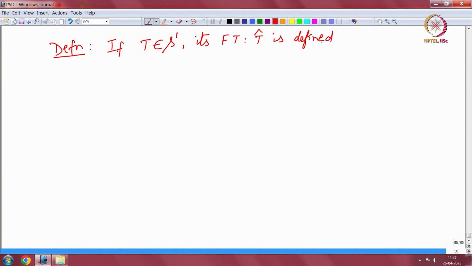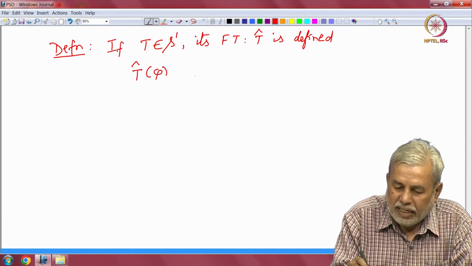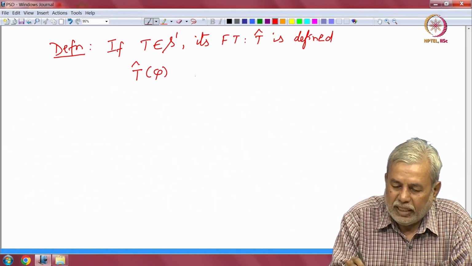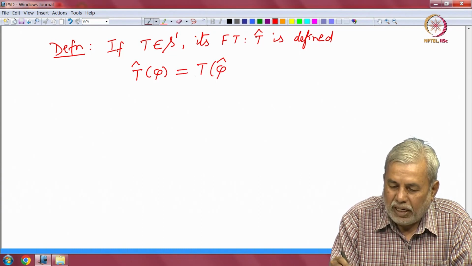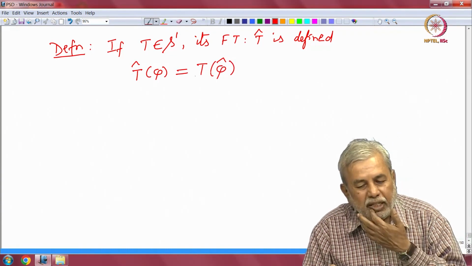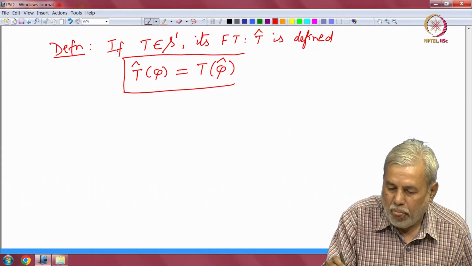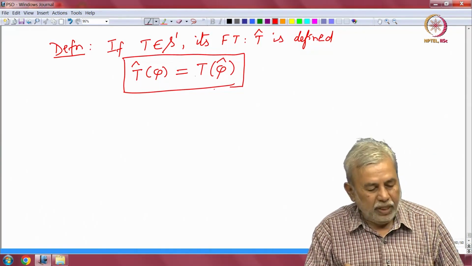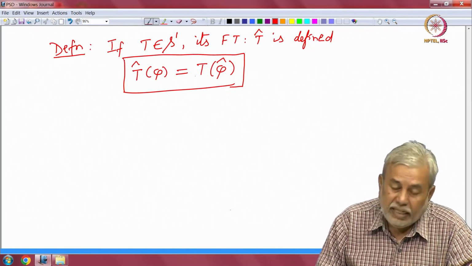Again we want this to be a tempered distribution, so I have to define the action of T cap on an element in S. This is the definition: T acting on phi cap. In a moment I will explain the motivation behind this definition, but first let us see that the definition makes good sense and it's linear and continuous.